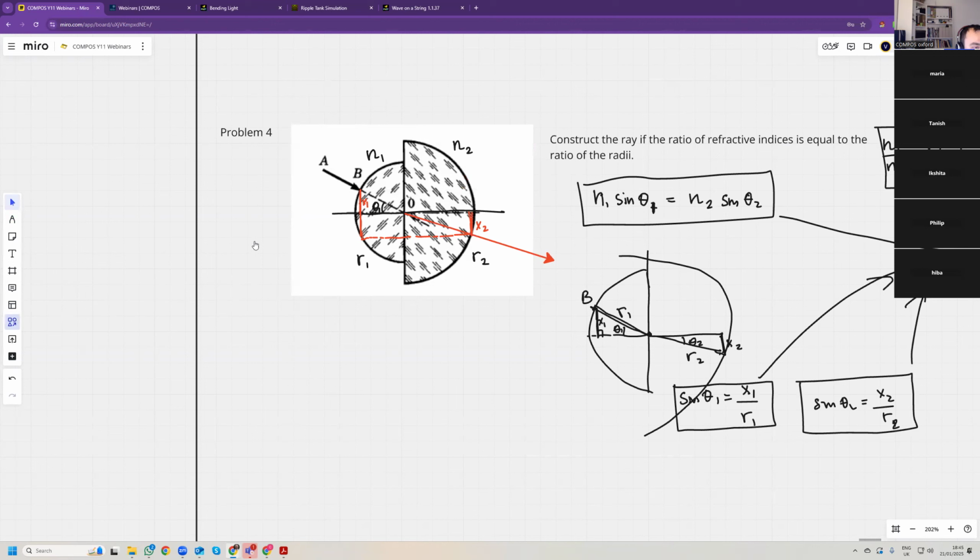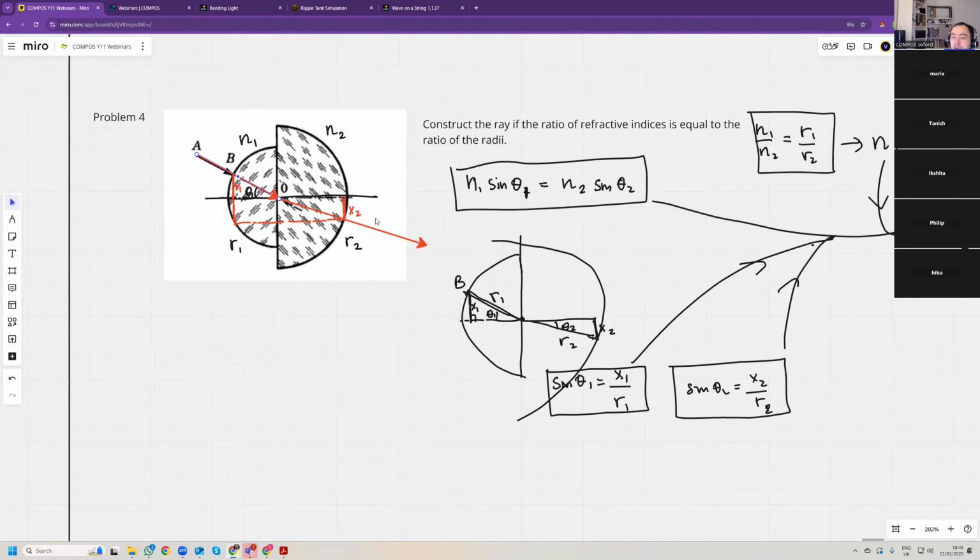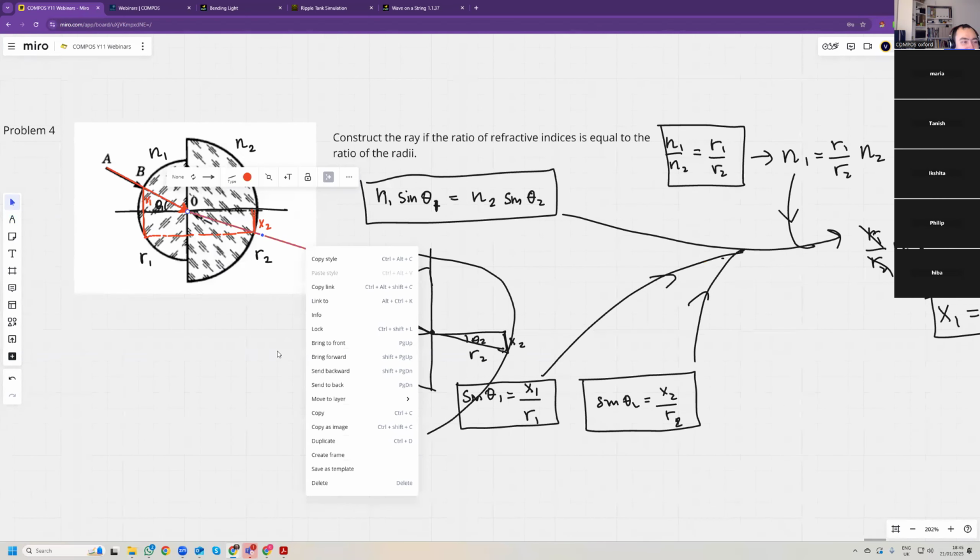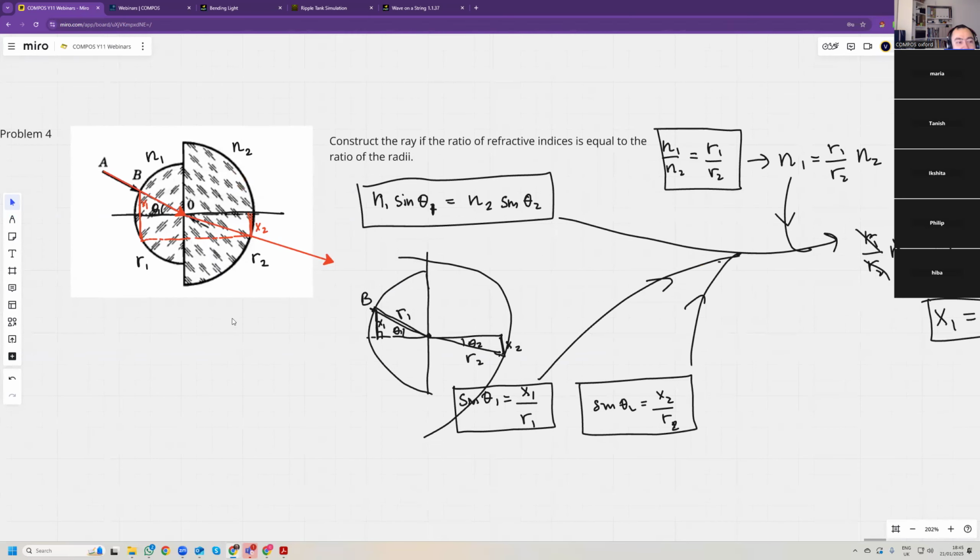So the light goes in through here and then refracts like this. All I did is continue this line here. I did some algebra and saw that x1 has to equal x2, and this is how I can make my construction. Quite an interesting one.